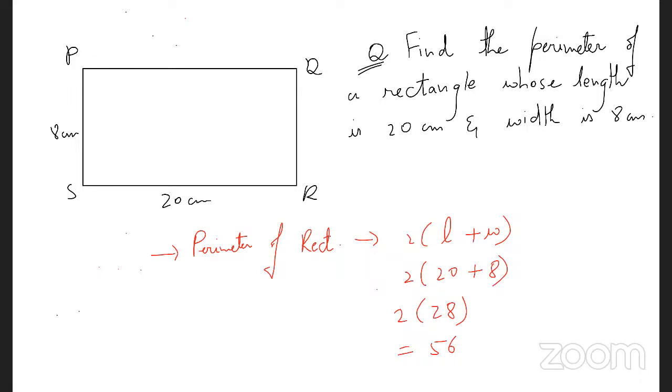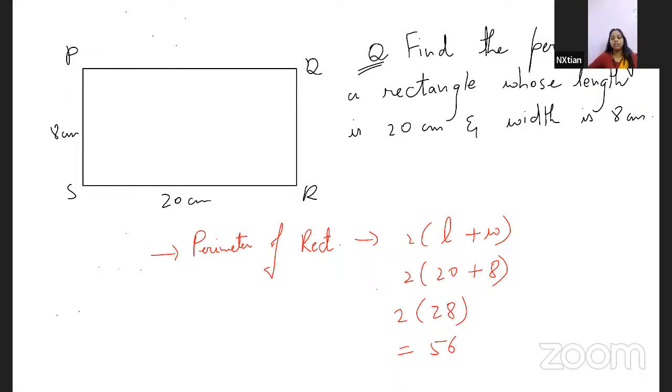Ma'am, regarding the perimeter, when I was smaller, the textbook used to say L plus L plus B plus B. Okay, Abraham, it used to say that because when we find the perimeter, we do the sum of all the sides of any shape.